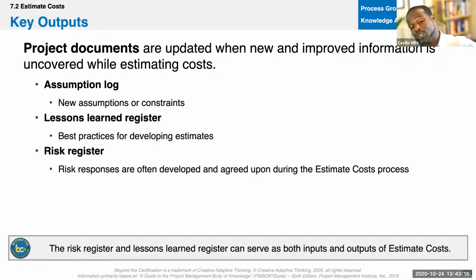Now coming back to cost, the risk register, we'll look at it because if there's some risk that we have to put contingency reserves aside for, we want to estimate that as well. So they serve as both inputs and outputs because you'll use them. What do we learn? What are the risks? You'll estimate, and then at the end, here's some new risk, or we learned something else. That's the idea why they're both inputs and outputs.